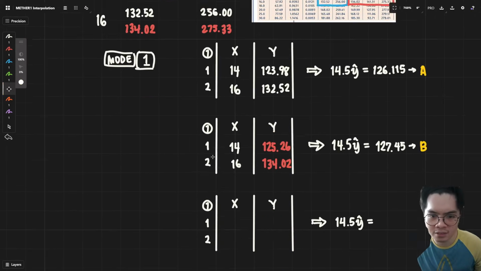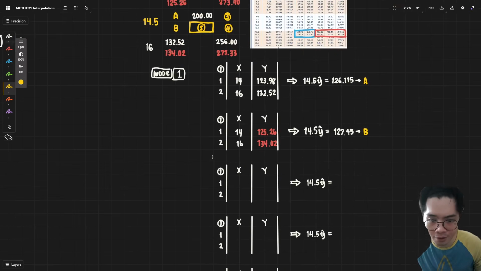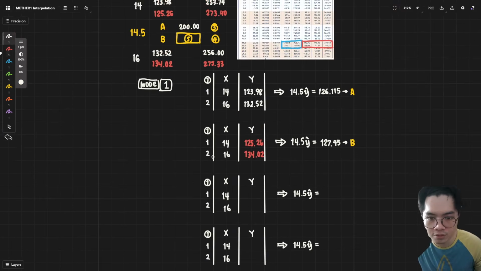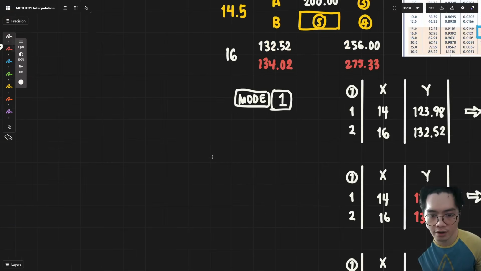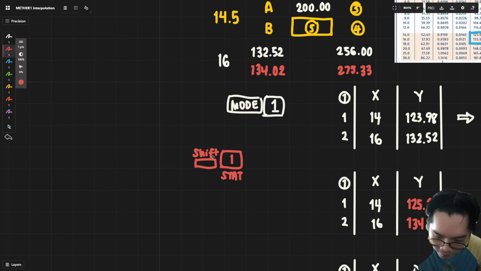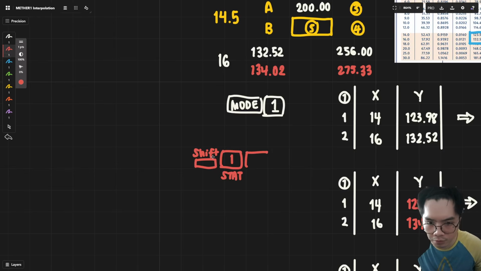And if you notice, everything in here for the first four will just consist of 14 and 16. So if you want to keep using the same 14 and 16, there is a way to do this. Say for example, for your Casio, which I'm currently using, you go to shift and then 1, that is for stat, and then shift 1 again, and you will look at number 1, which is type.